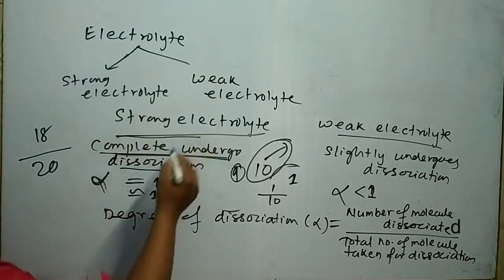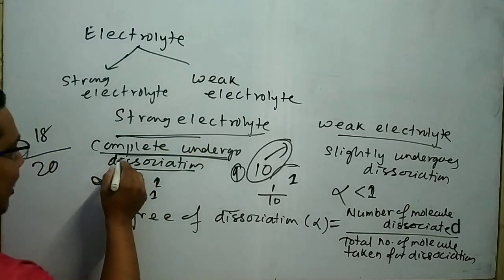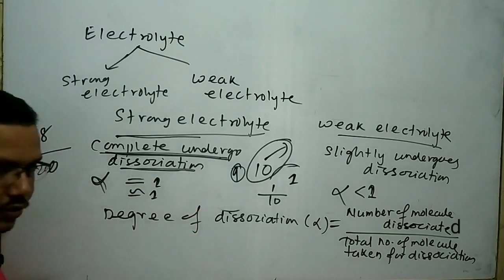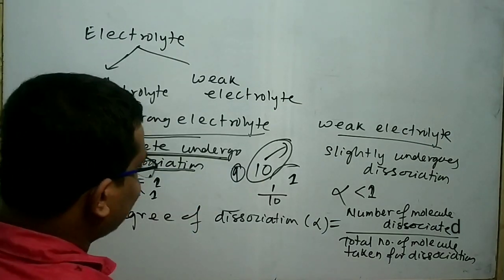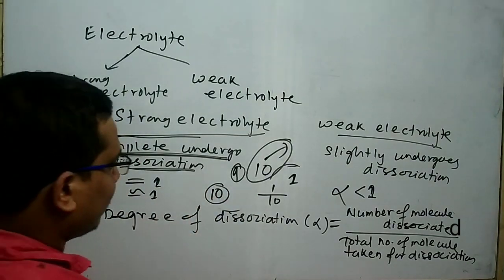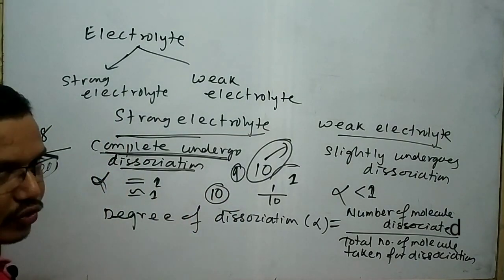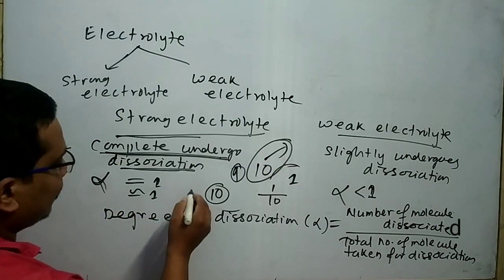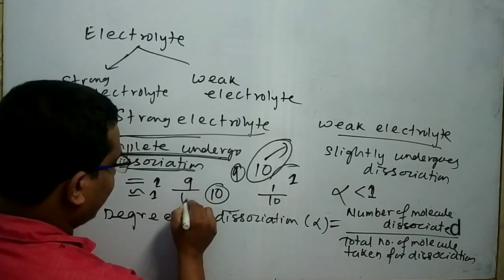In case of a strong electrolyte, the electrolyte undergoes complete dissociation. If you take 10 molecules and 9 undergo dissociation, the degree of dissociation is 9 by 10.